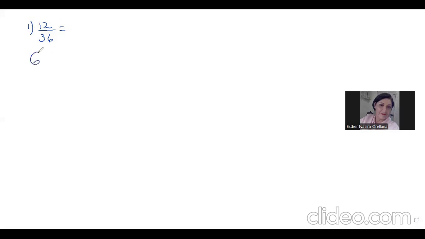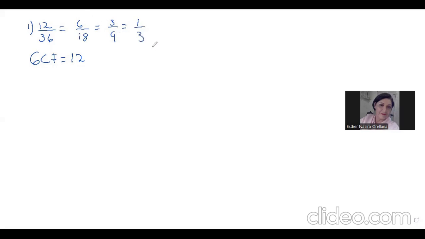The greatest common factor here is 12. I could divide 12 and 36 by 2, and my answer will be 6/18. And I can divide by 2 again, and my answer will be 3/9. And then I can divide by 3, and my answer will be 1/3.